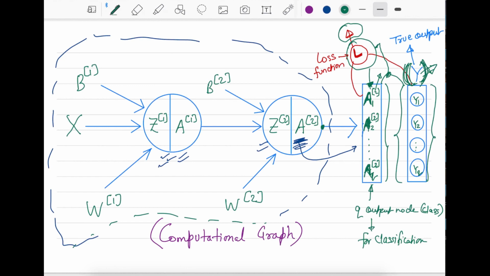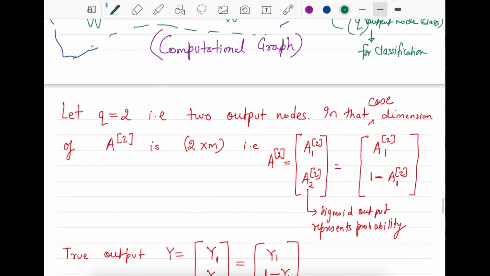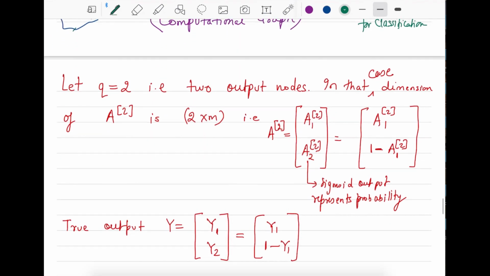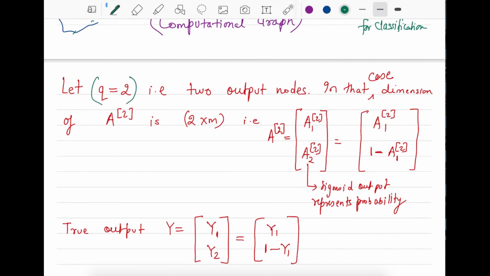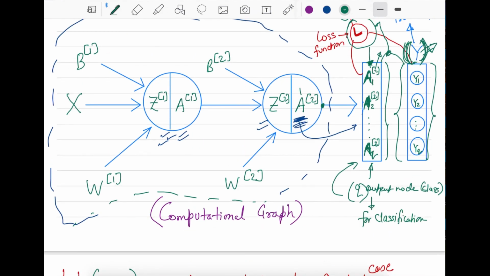For classification, you have Q classes. That's why we have these nodes. If you take a binary class of Q equal to 2, then you have two output nodes, and the dimension of A2 will then be 2 cross M, which is given over here. One thing to note is that since we are using sigmoids at the output, and sigmoids have a range of 0 to 1, you are actually calculating probabilities.